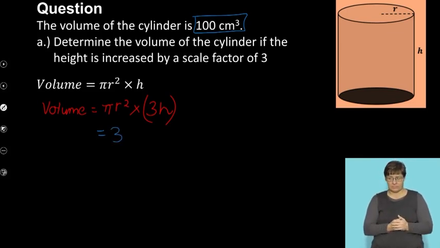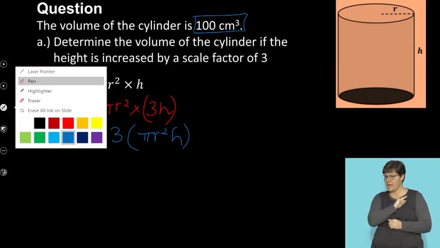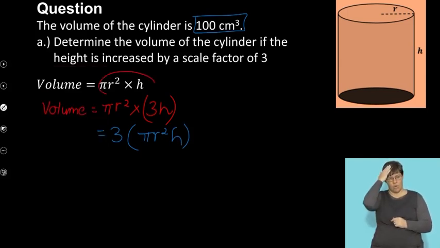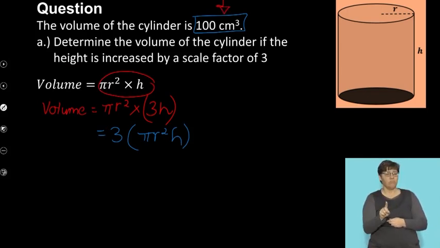So I'm going to take the 3 out at the front, and in the bracket, I'm going to keep my pi r squared h. The reason why I've done that is because I actually know what pi r squared h is, because it is my original volume.